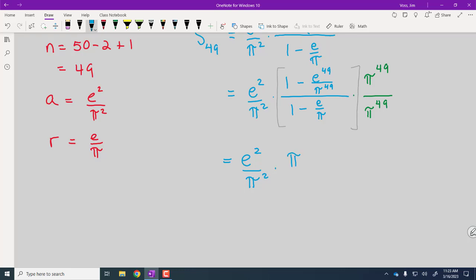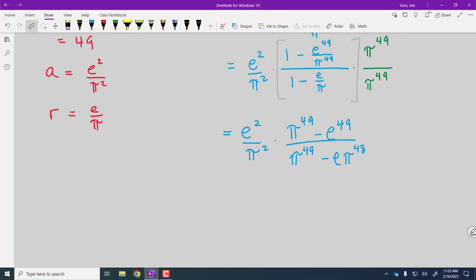So we're going to have pi to the 49 minus e to the 49 divided by pi to the 49 minus e times pi to the 48. And we have a common factor in the denominator of pi to the 48, which we could pull to the front if we wanted to write it as a multiplicative answer.